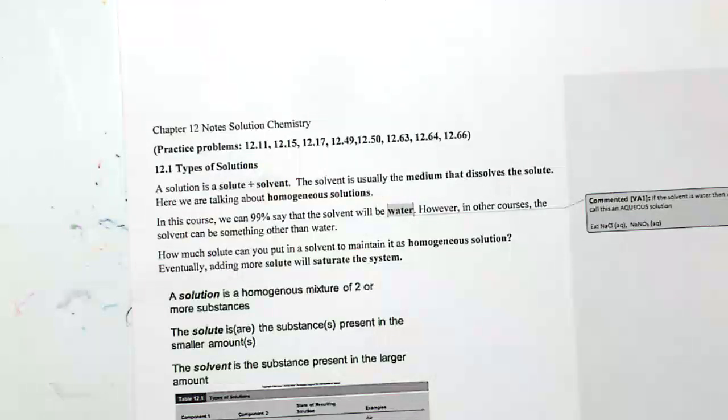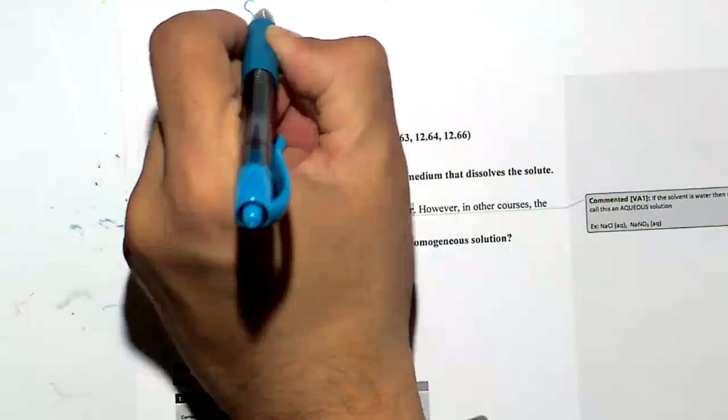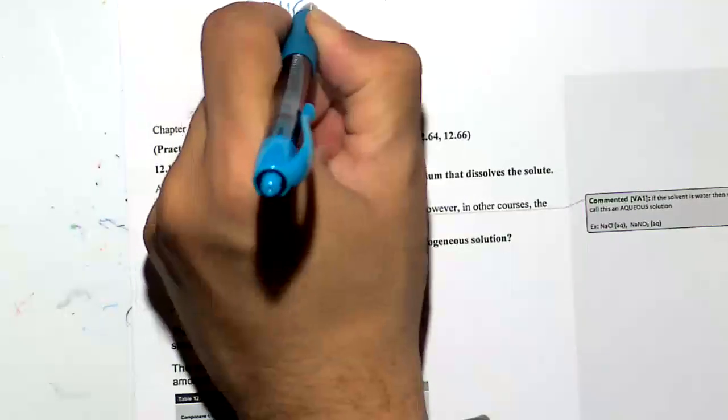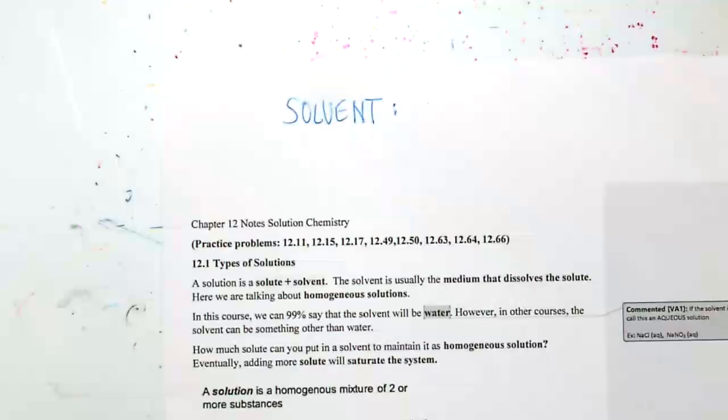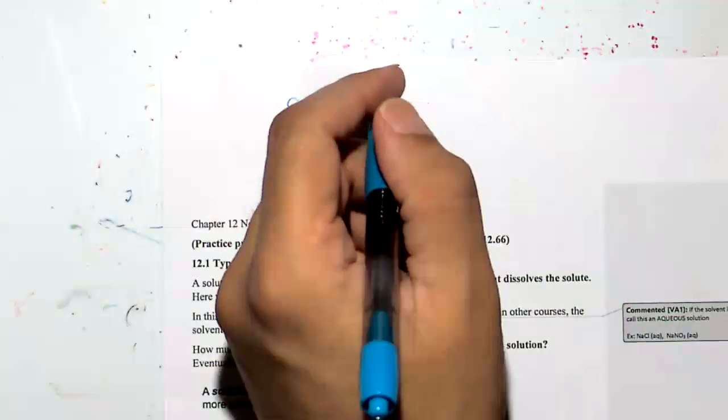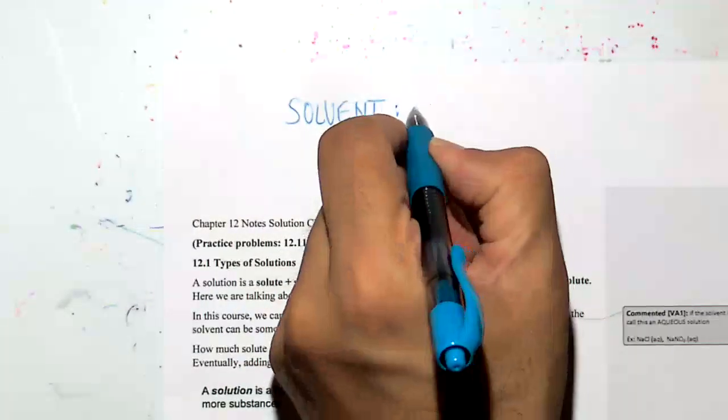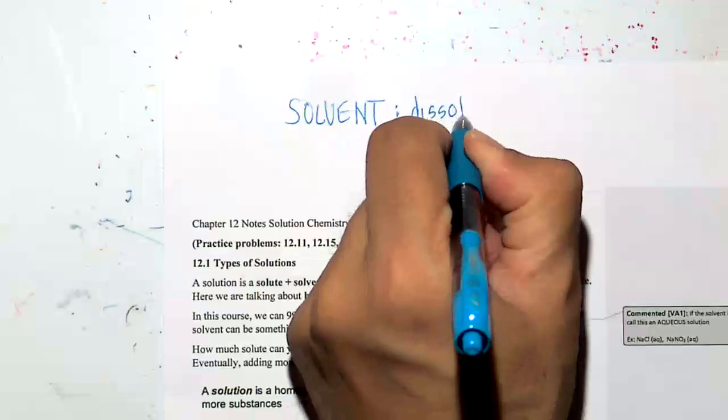How many of you have heard that term before, solvent? What do you think that term means? Is it the thing that's being dissolved, or is it the other way around? We're going to call solvent here the dissolving medium.